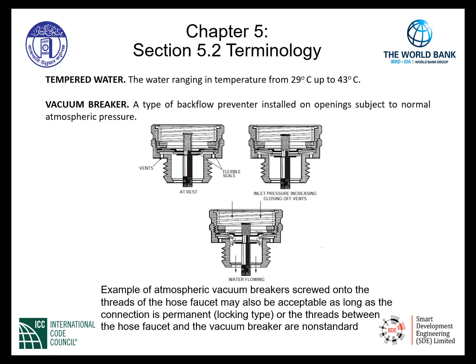The inlet pressure is indicated on the top of that graphic. As water flows from the faucet through the device, you can see the flexible seals open and allow the water to pass through from the top to the bottom of this device that we call a vacuum breaker.